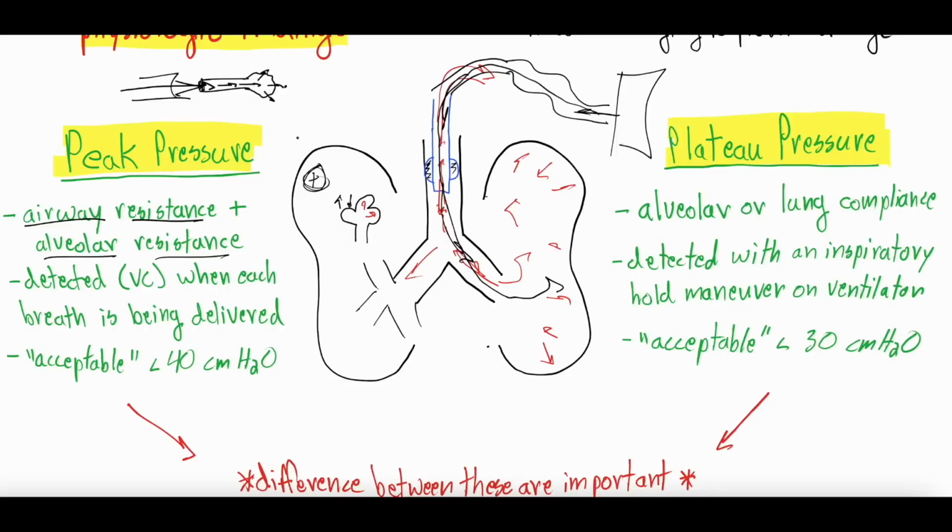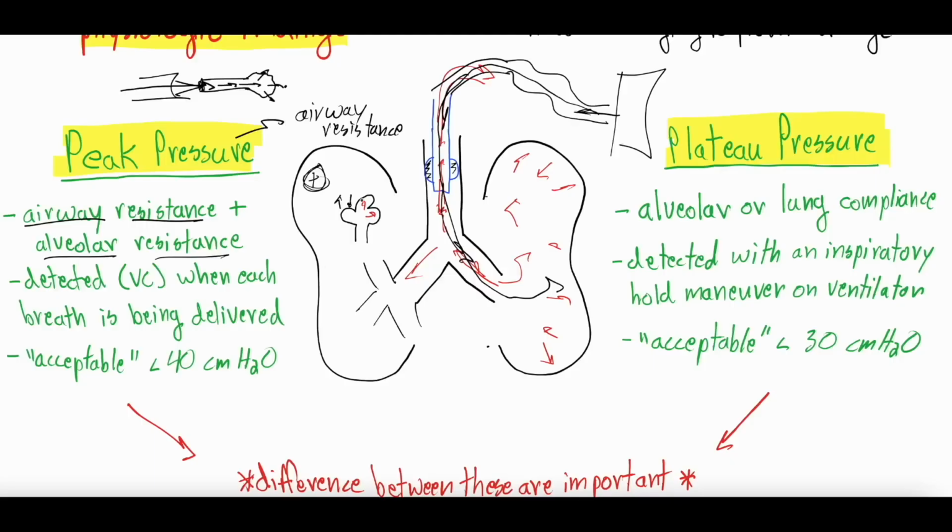If you're blowing into that, the amount of force you have to push in, the pressure required to flow the air through that pipe and inflate the balloon is the peak pressure. And that is why it's a manifestation of the resistance of those airways to the breath flowing through them, as well as the alveoli resistance as they try to inflate. So really the peak pressure is airway and alveoli resistance, okay?